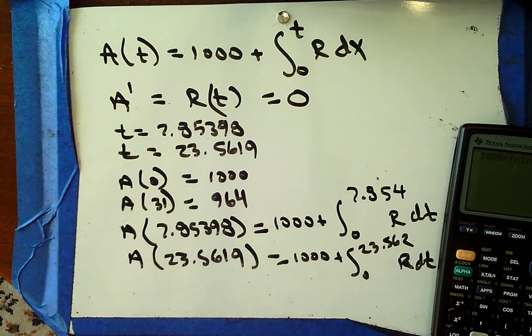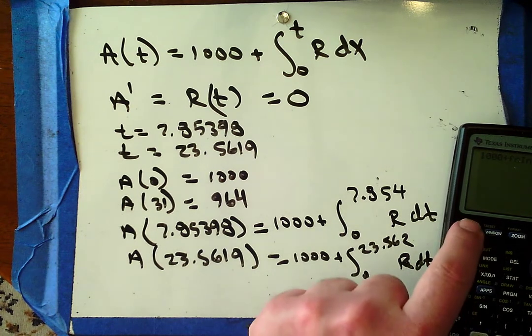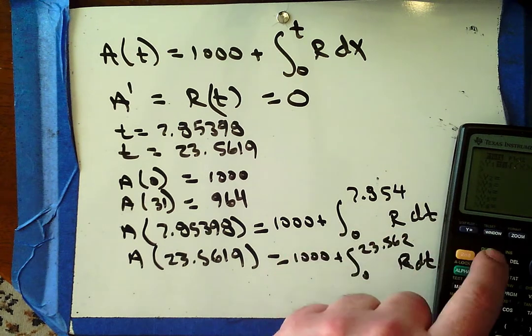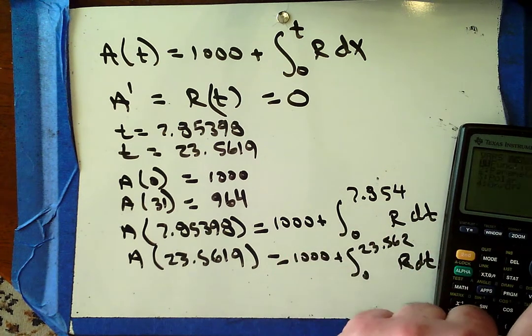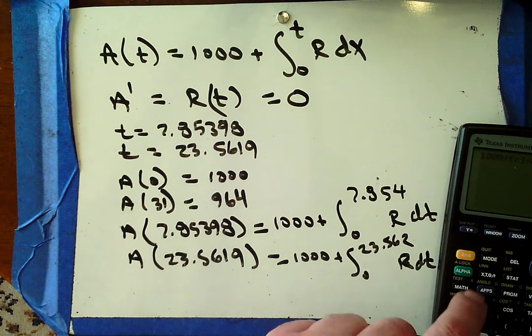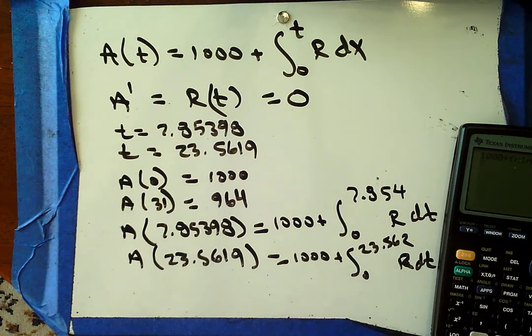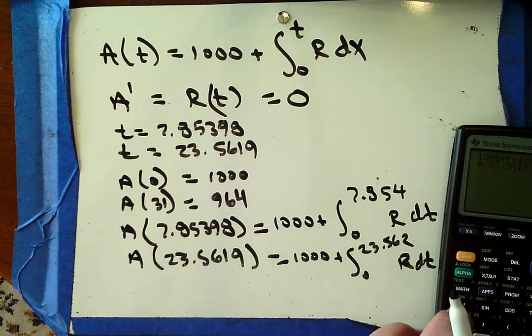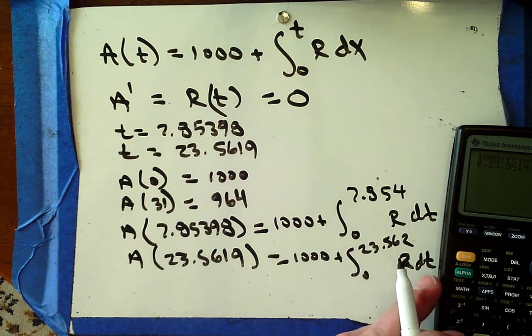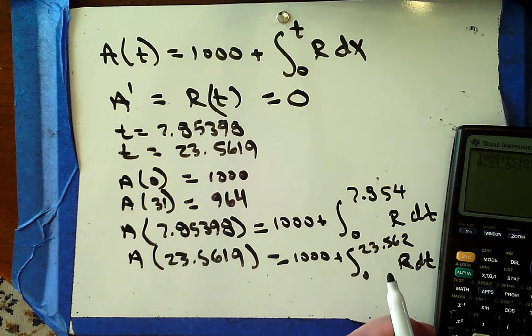Remember, our r of t function here is what I've typed into y1. So y1, comma x, comma 0, comma 23.5619. And I end up with a number less than 1,000, I'm sure.